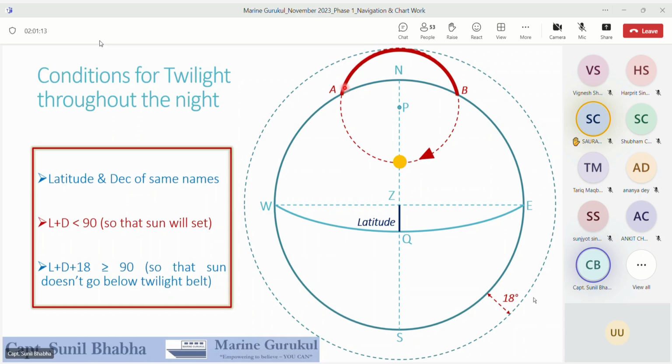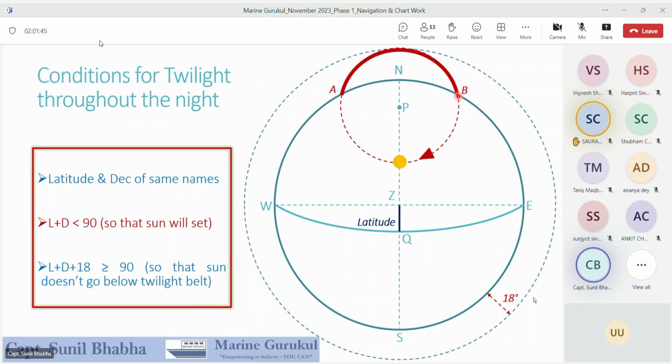From point A, the sun travels up to here at this particular point and then goes up to point B. Now when the sun reaches at point B, point Bravo, it is going to be the sunrise again and the sun is going to come above our horizon. Now the duration of the night for this particular observer is from point A going up to point B. Alpha to Bravo represents the night for this particular observer.